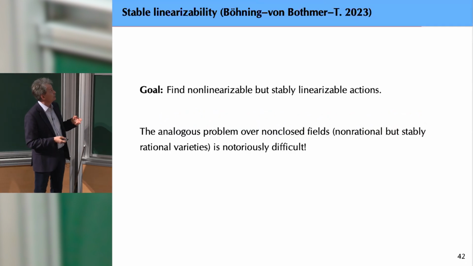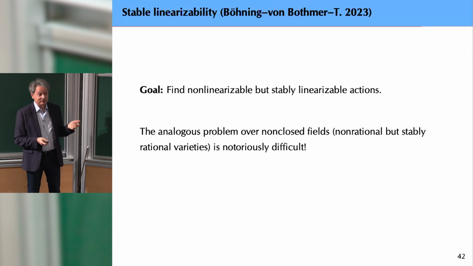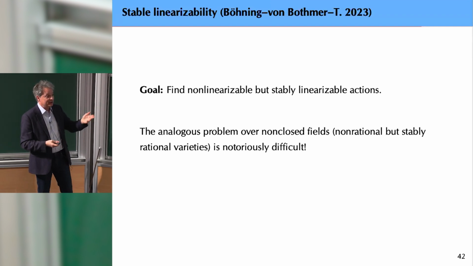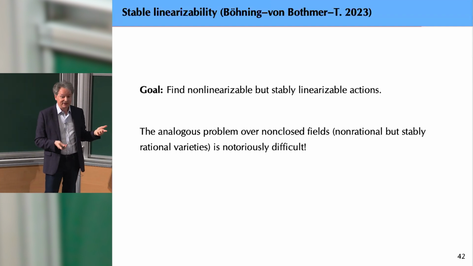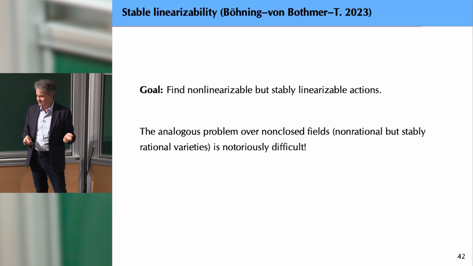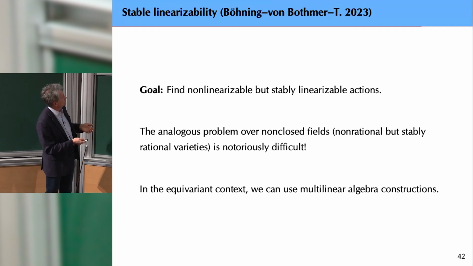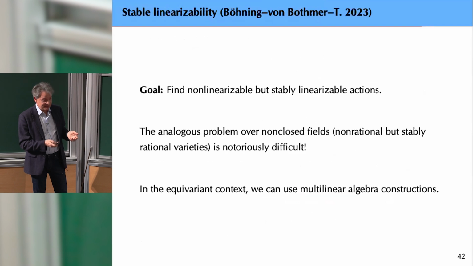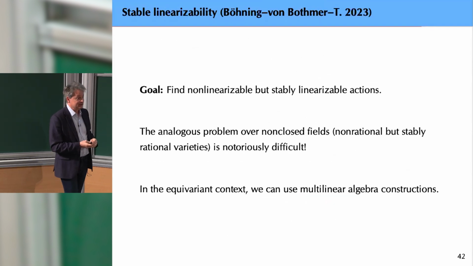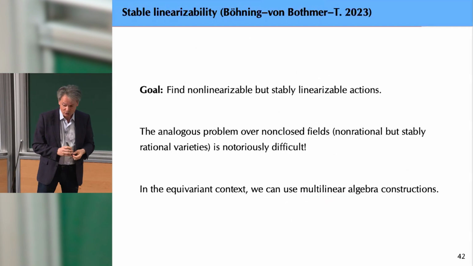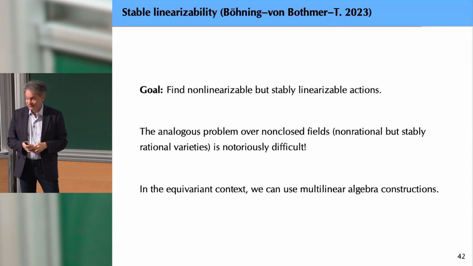So the goal then is to find non-linearizable but stably linearizable actions, and already we saw some, S5 acting on M05 bar. These are the examples. So the main thing that plays in our favor here is the so-called no-name lemma, and that's the following.